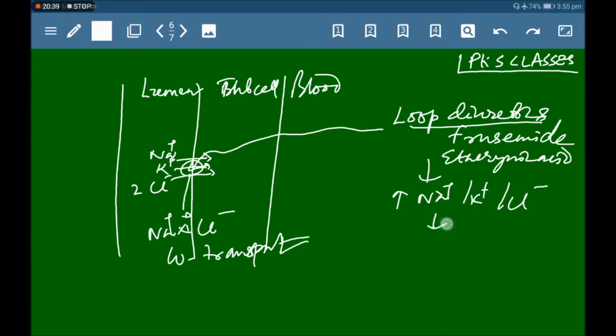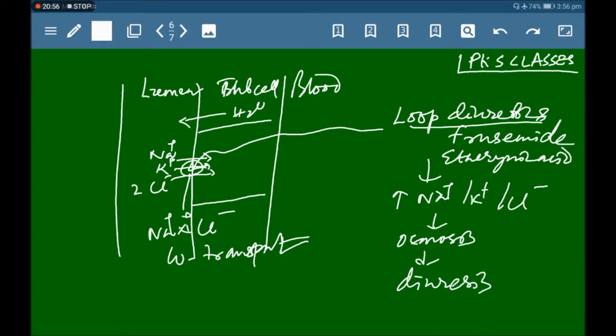So there will be osmosis and flow of solvent from the tubular cells into the lumen, and there will be diuresis.